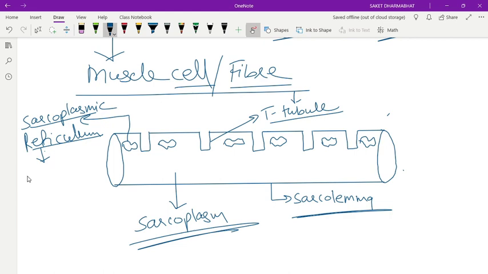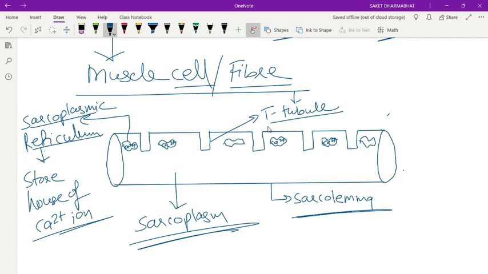The sarcoplasmic reticulum is the store of the cell. Inside this, calcium ions are living. Any doubt till here?